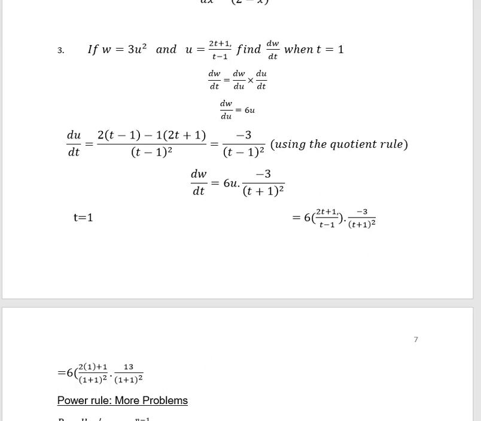If we do that with a calculator, the answer it gives us is what we have.